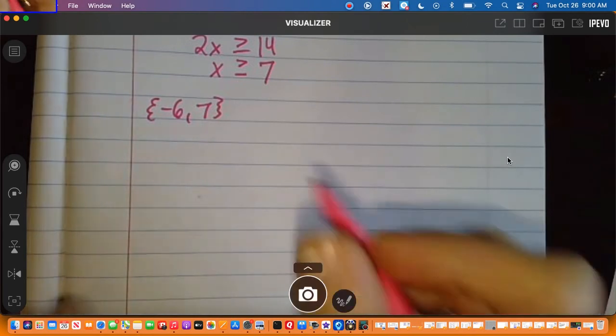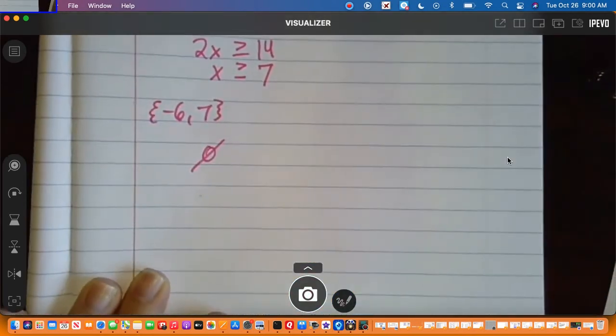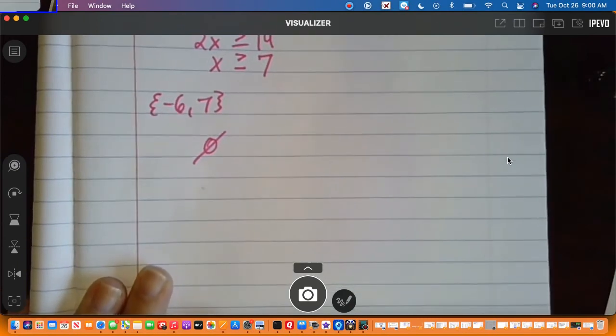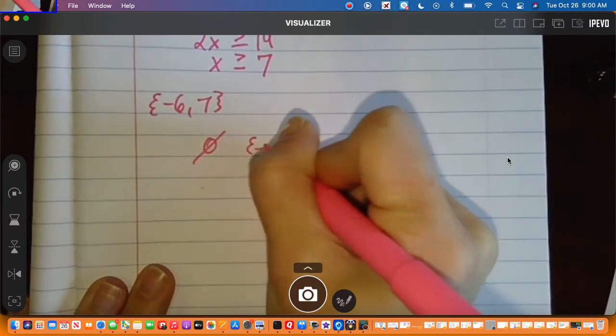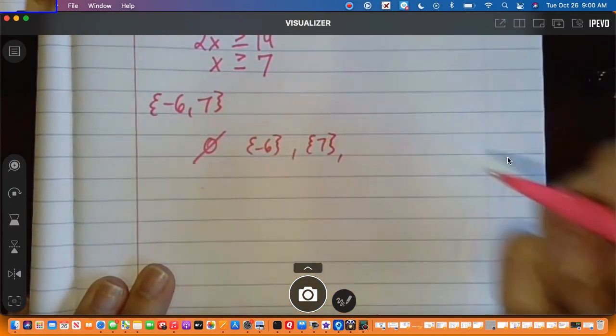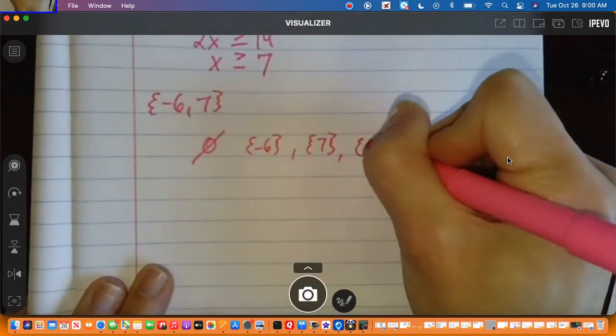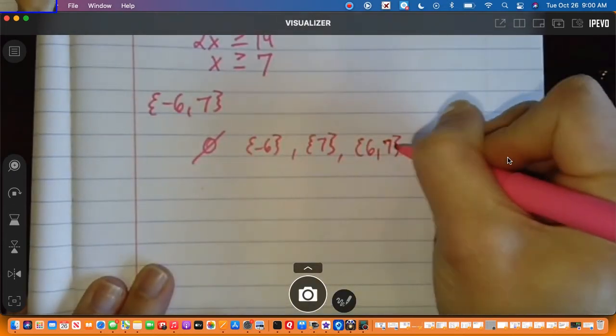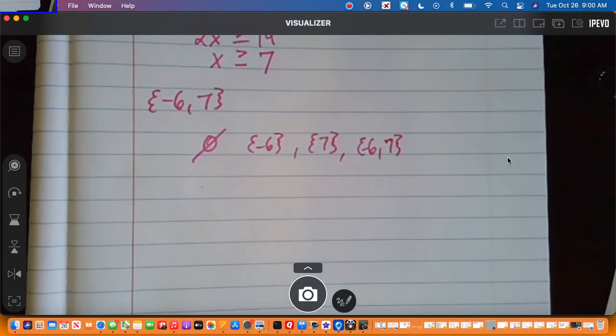The zero with the line through it, the empty set. That answer is there every time. Now, individually, what would I put? -6, then -7, and then 7. Then if they work together, it would be -6 and 7. So those are all of your answers. Do not forget the empty set. So it's B, number 21B.